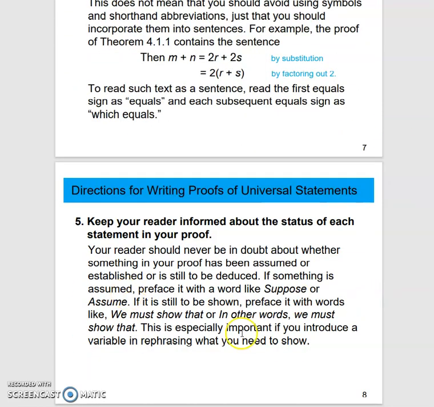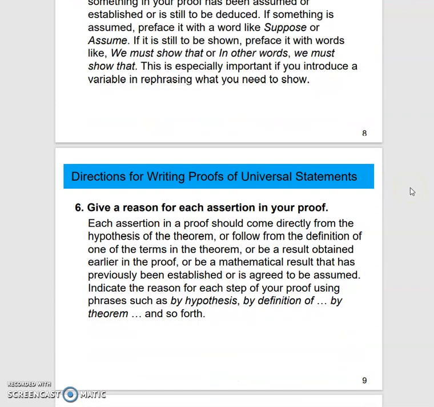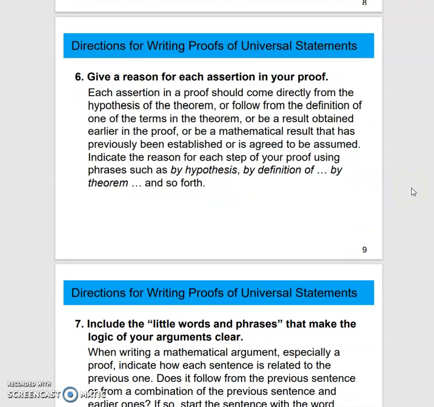But we do always want to make sure readers can follow our proofs, so we often put in little words just to help people follow along as we go through. We want to make sure that our steps are all justified, that we haven't done something that we're not allowed to do. So it's either a given, it's something we have a definition for, maybe we're pulling in a theorem that we've already looked at. There's a lot of places this could come from.